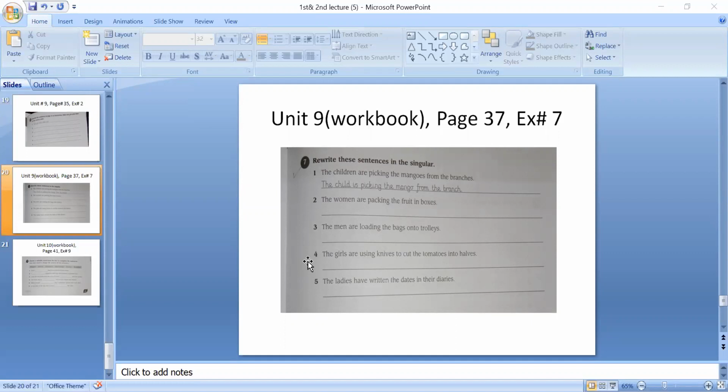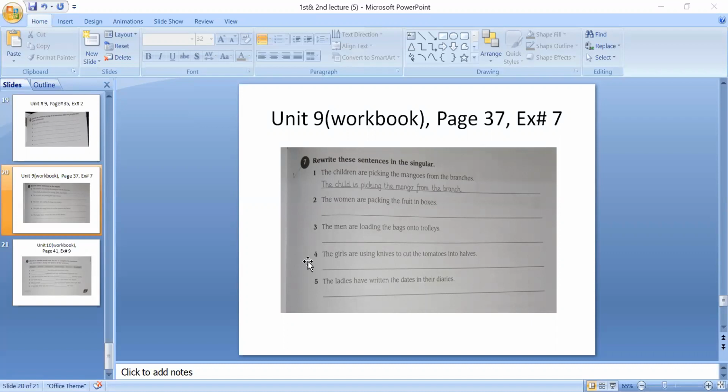The girl is using knife, good, to cut the tomato in half. Good. All of you are supposed to write the sentence in the blank space. The girl is using knife to cut the tomato in half.